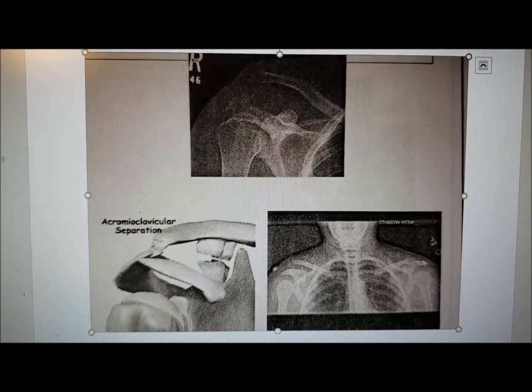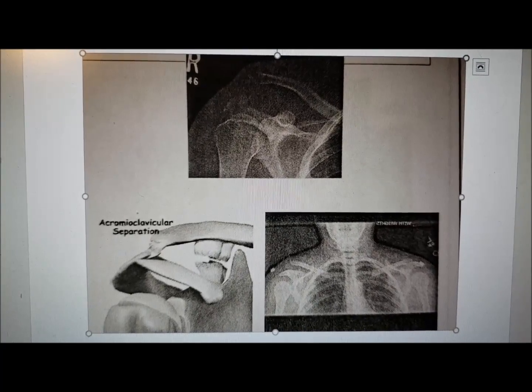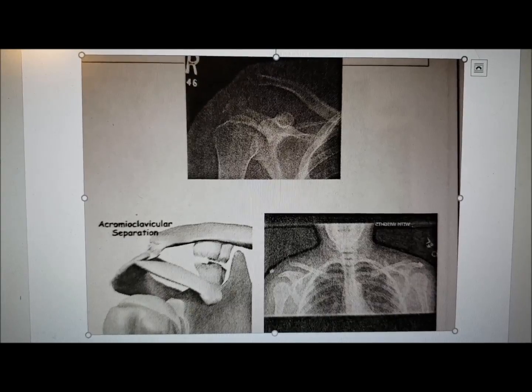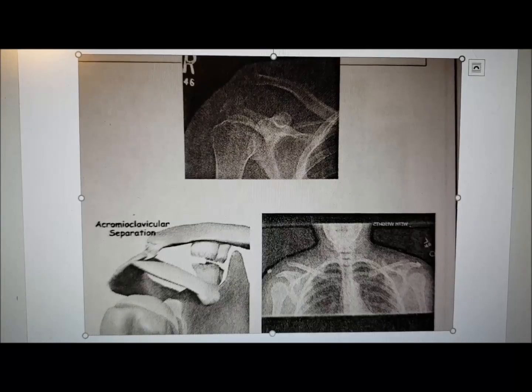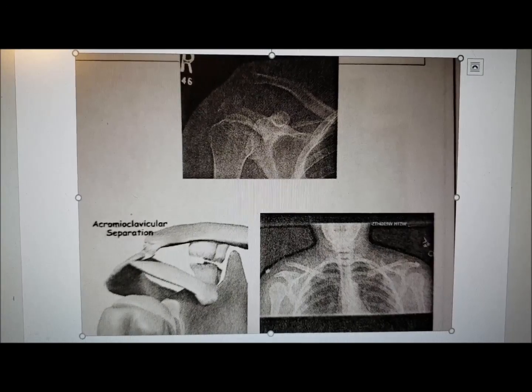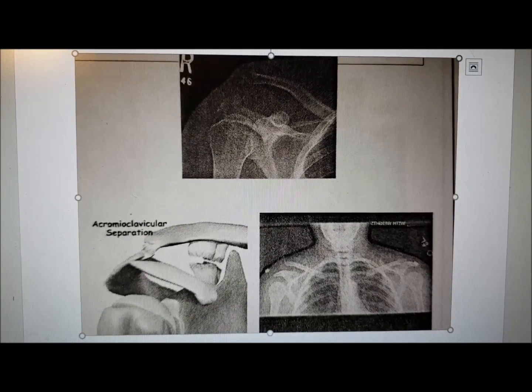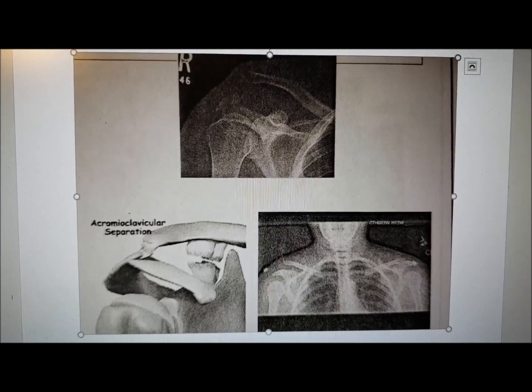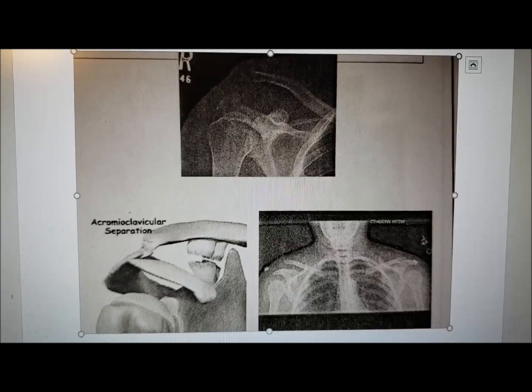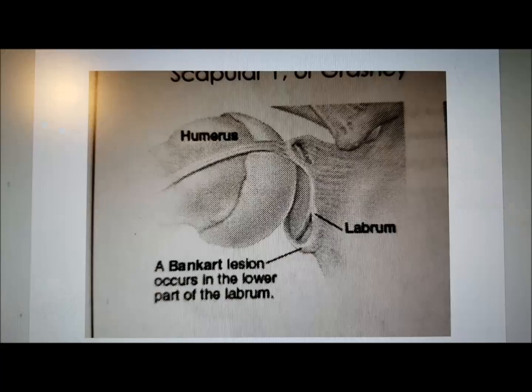You would also have acromioclavicular joint separation, which is a partial or complete tear of the acromioclavicular joint without weights, and this would be to rule out fractures, and this is also best seen on a bilateral erect acromioclavicular joint x-ray.